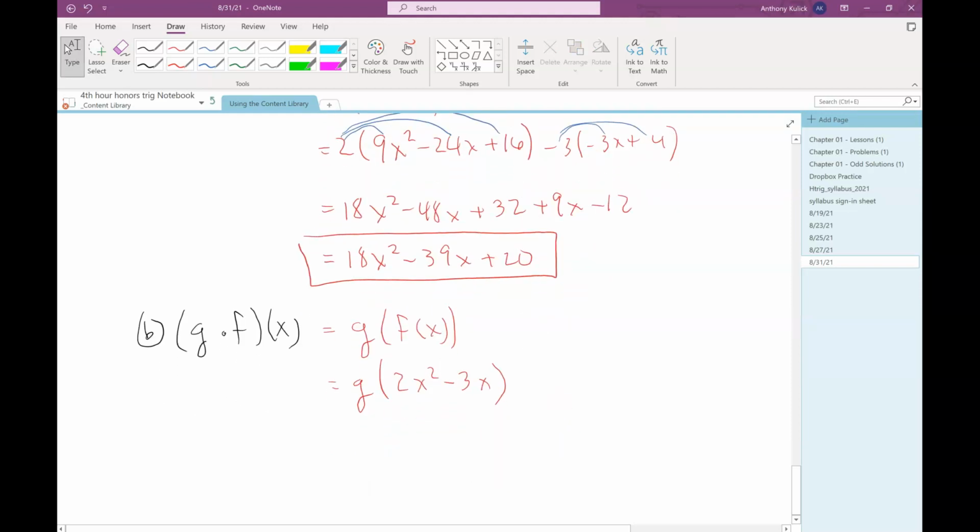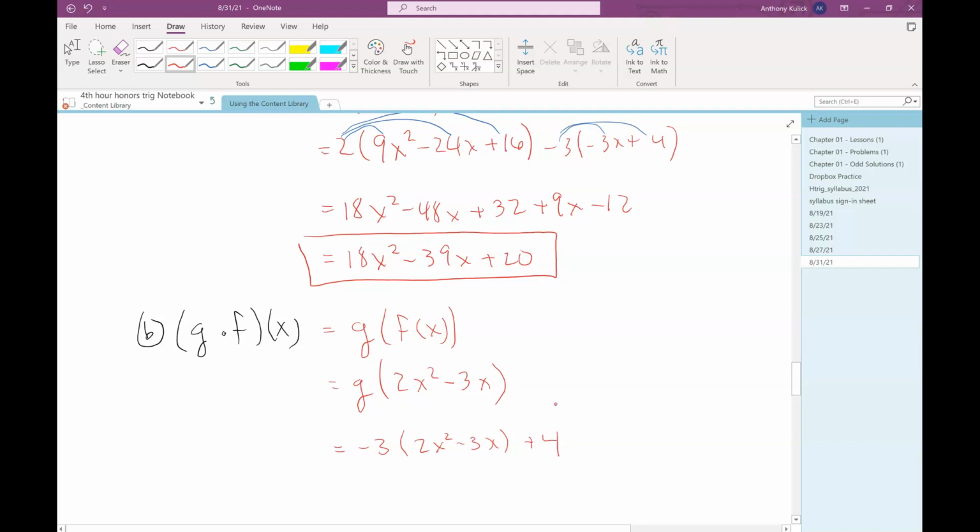And then, according to my definition of function notation, I'm going to just substitute that expression in for all the x's in g of x, which gives me this. Everybody happy with that? At this point, the composition is done.